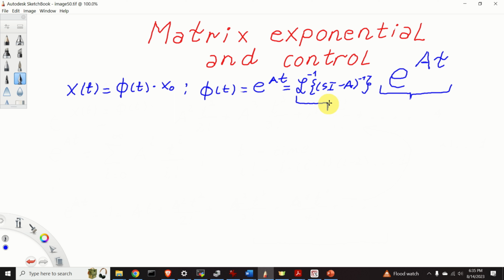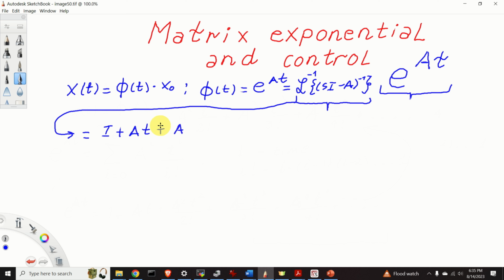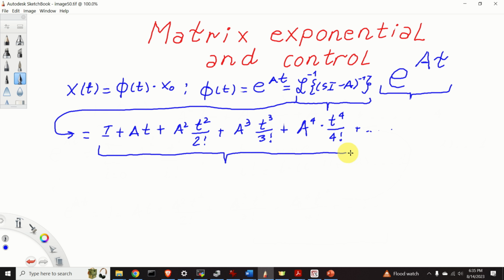In the sequel, I will show that this inverse Laplace transform is actually equal to the following expression: identity plus At plus A squared t squared divided by 2 factorial plus A to the power 3 multiplying t to the power 3 divided by 3 factorial plus A to the power 4 multiplying t to the power 4 divided by 4 factorial, etc. That is, we will show that by computing the inverse Laplace transform of our resolvent matrix, we will actually obtain the matrix exponential.